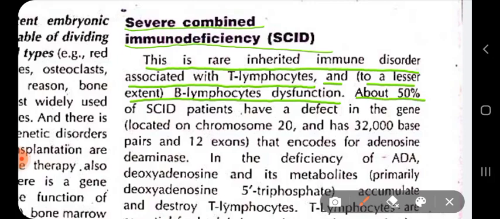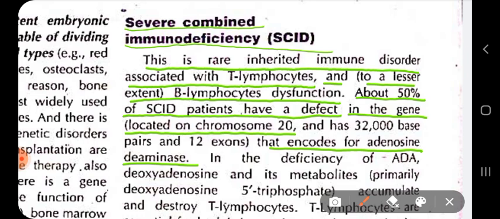Well, we know that T lymphocytes and B lymphocytes are involved in cell-mediated immunity, right? About 50% of SCID patients have a defect in the gene located on chromosome number 20 that encodes for adenosine deaminase. So those patients suffering from SCID have a mutation in their gene located on chromosome number 20. And what is that gene?